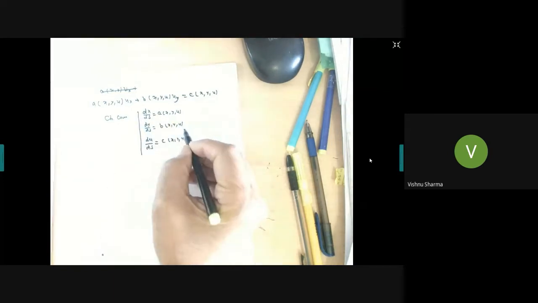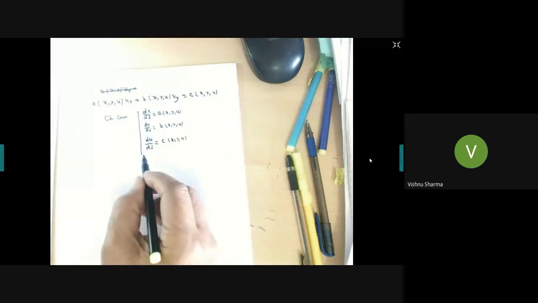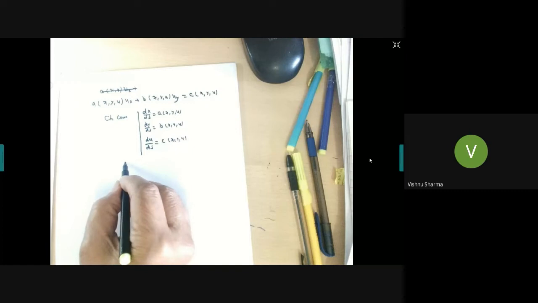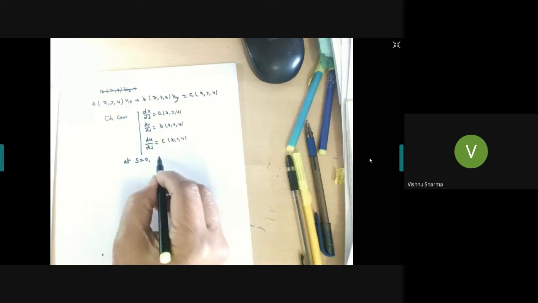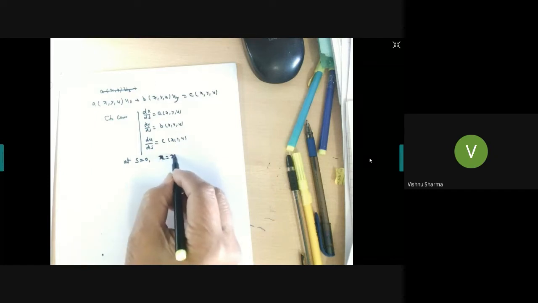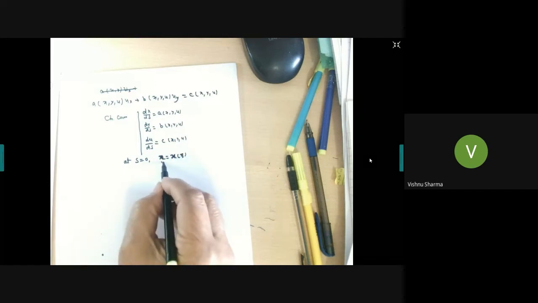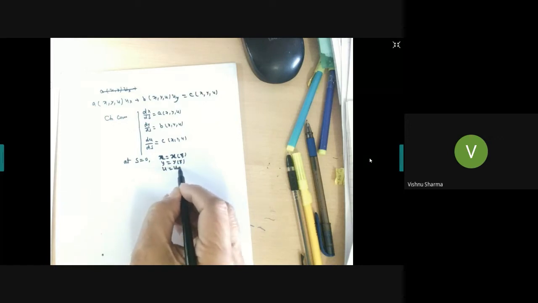S is a parameter, so it's all right. Now, satisfying these initial conditions, that at s equal to 0, we have x equal to x of xi, y equal to y of xi, and u equal to u naught of xi.